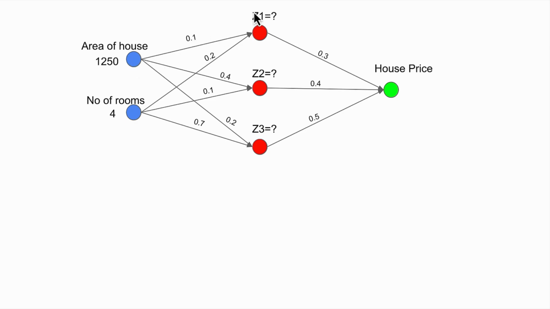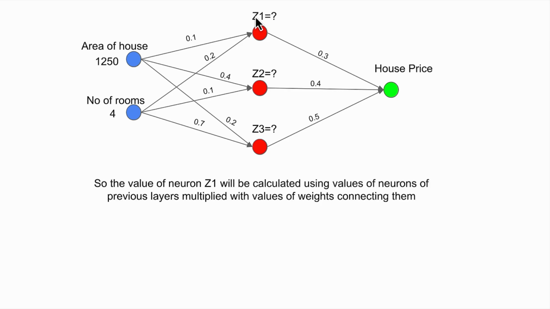Firstly, we are going to calculate the value of Z1, and it will be calculated using this formula. We take the neuron which is connected with this Z1. Firstly, we take the value of area and multiply it with the weight joining these two neurons. You can see the weight value is 0.1 for this particular line, so we multiply this 1250 with 0.1.